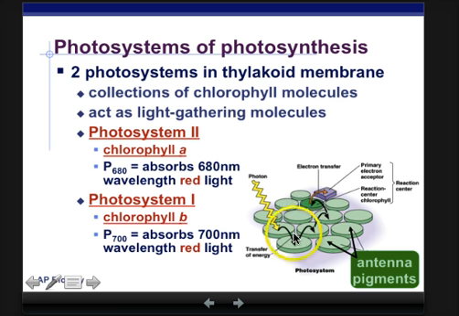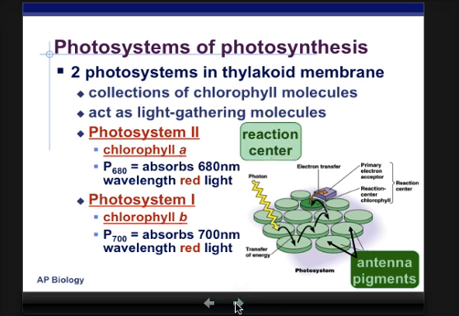So this is a series of transfer of energy until we hit this primary electron acceptor, which is the reaction center for chlorophyll. Okay, so this is considered the reaction center, and then we have electron transfer. Okay, so there it goes, reaction center.